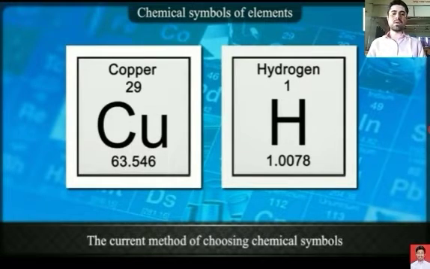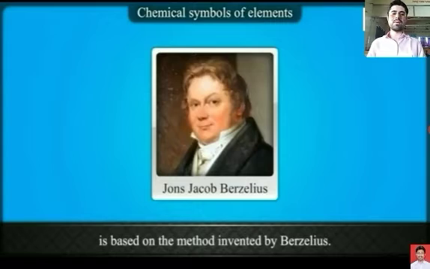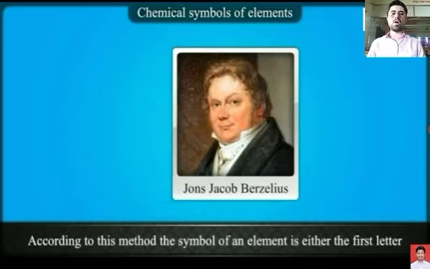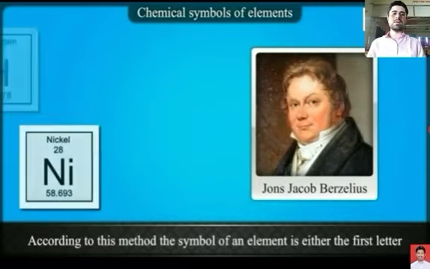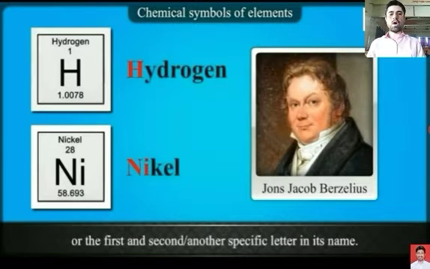The current method of choosing chemical symbols is based on the method invented by the famous scientist Berzelius. His full name was Johannes Jacob Berzelius. According to this method, the symbol of an element is either its first letter or the first letter and another specific letter in its name.